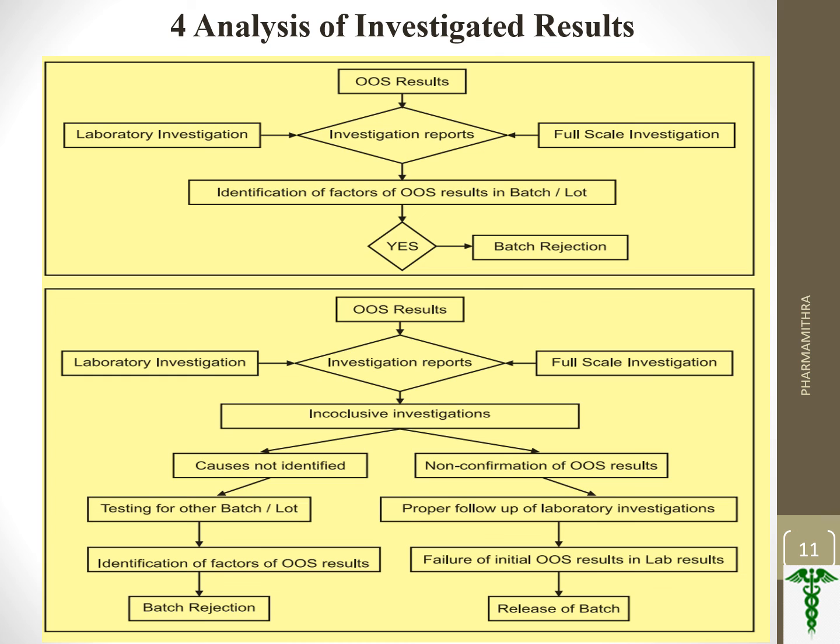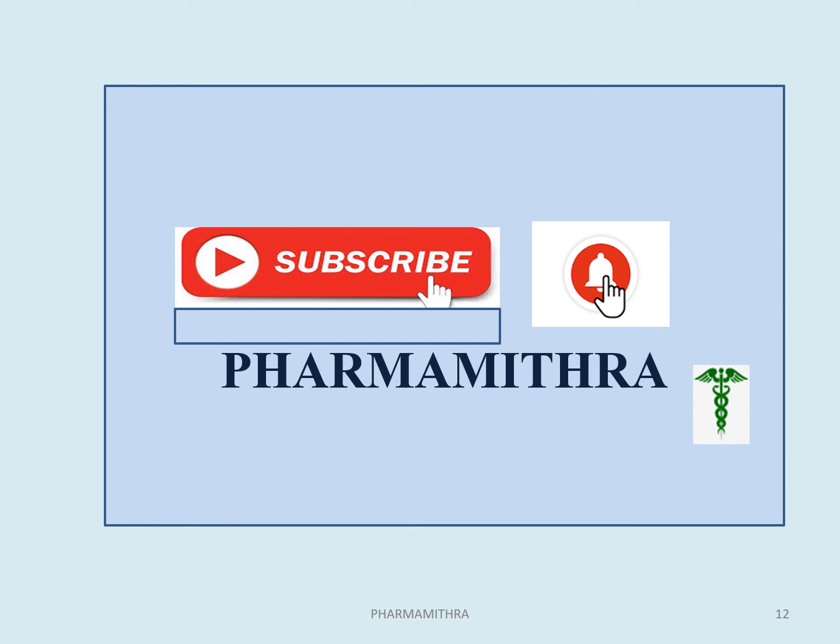Second, if we get an inconclusive investigation result also, we have to convert it into a confirmatory case, and here also we have to reject the batch. If the OOS result is a laboratory failure, we can release that batch. This is the procedure by which we confirm whether it is OOS, that is, out of specification.